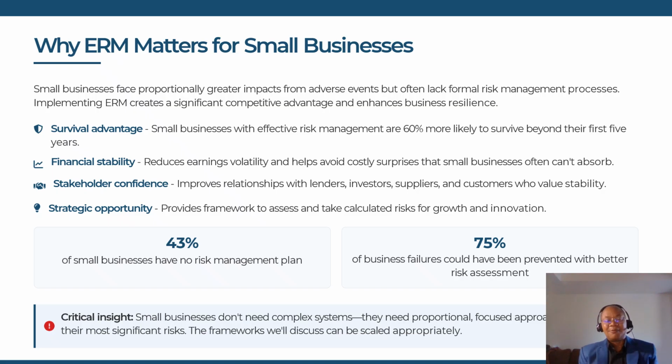Financial stability: risk management will help to reduce earnings volatility and help avoid costly surprises that small businesses often can't absorb. Like I said initially, large organizations usually have enough capital to withstand some adverse effects. But for small businesses, capital is a luxury most times.